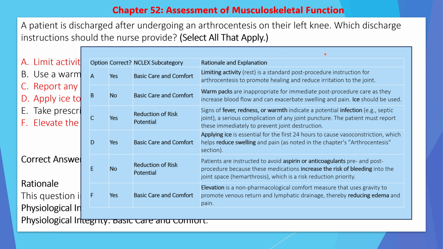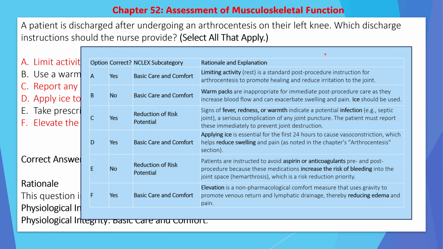Warm packs are inappropriate for immediate post-procedure care, as they increase blood flow and can exacerbate swelling and pain. Ice should be used, because ice decreases circulation and warmth will increase it. So for this we want to constrict.